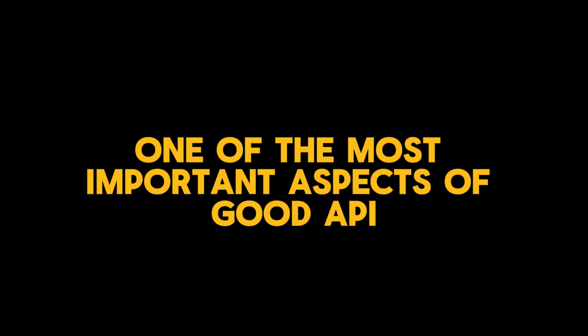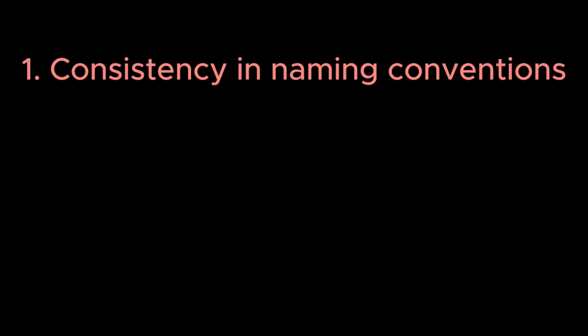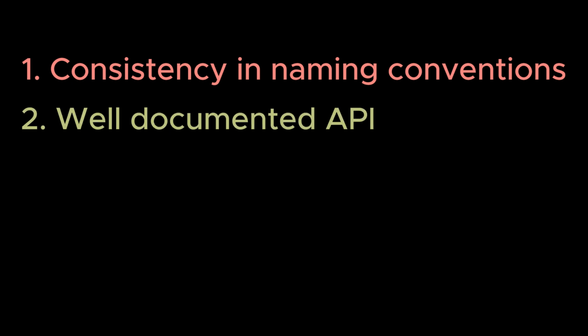Fourth mistake: inconsistent naming conventions and poor documentation. One of the most important aspects of good API design is consistency in naming conventions. It is crucial to establish a clear and consistent naming scheme for endpoints, methods, parameters, and responses. In addition to consistent naming, well-documented APIs are essential.